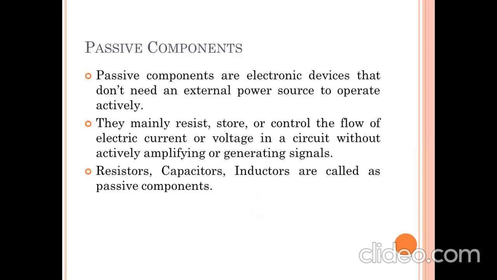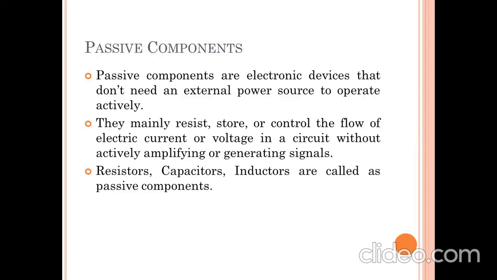Active and passive components can be differentiated by what power source they use. Passive components are the devices which do not need any external power source to operate. They mainly resist, store, or control the flow of electric current or voltage in the circuit without actively amplifying or generating signals.